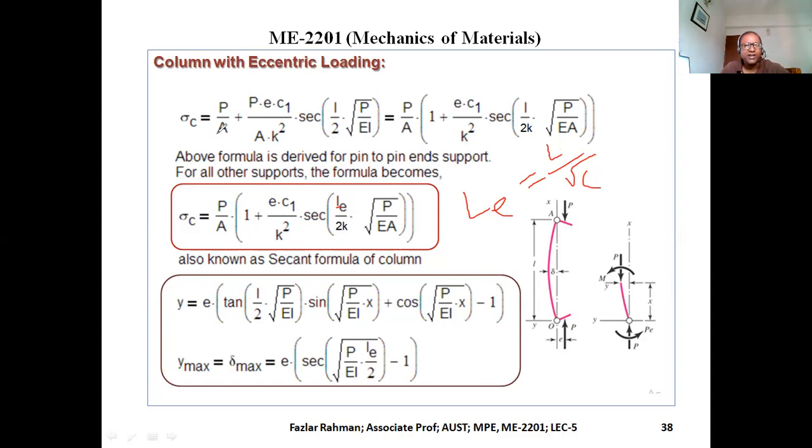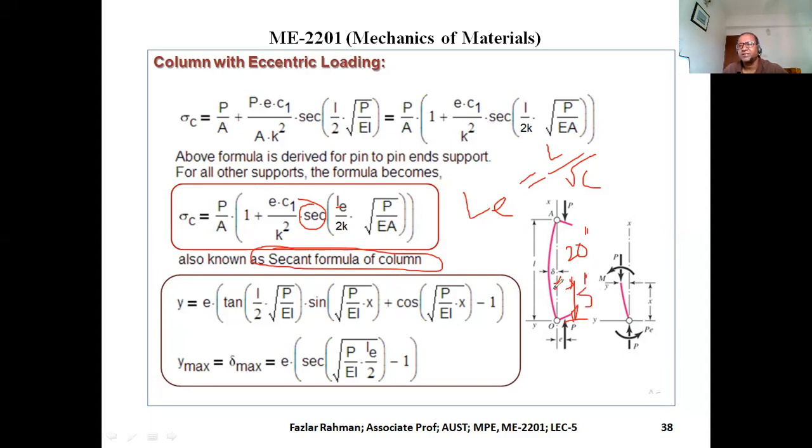This equation is known as the second formula of column because there is a secant over here. And if I say X starts from here, say this column length is 20 inches, and you'd like to figure out the deflection at a distance from the bottom, say right over here, for example 5 inches.